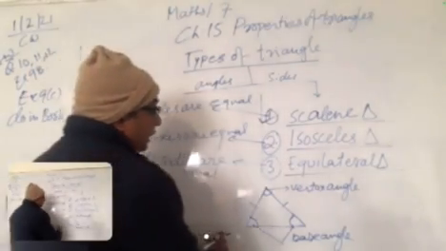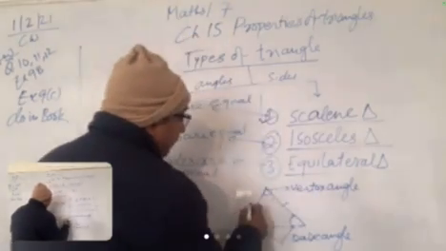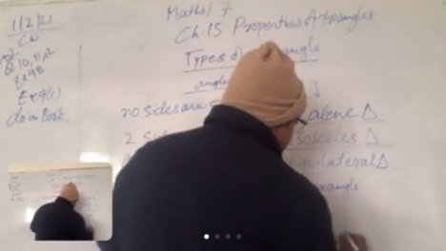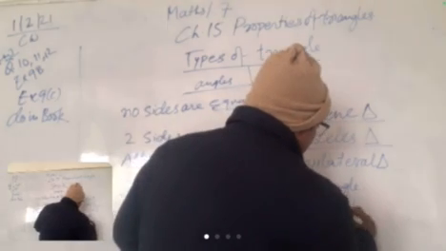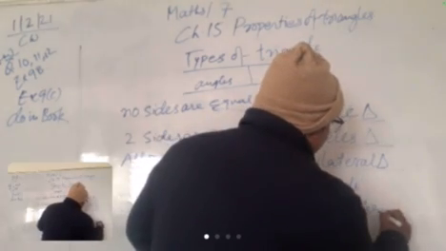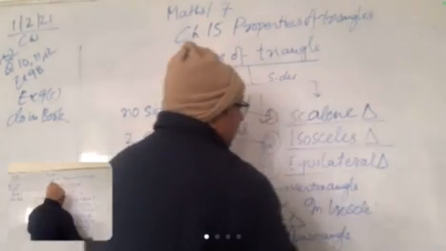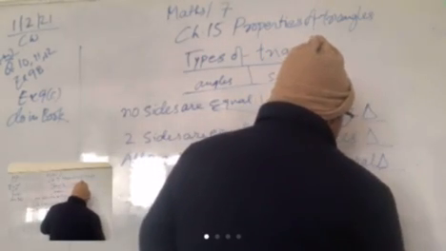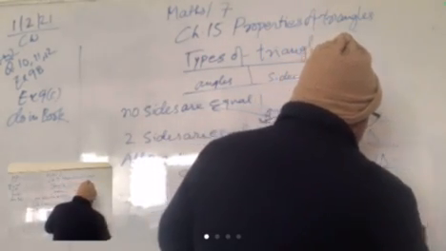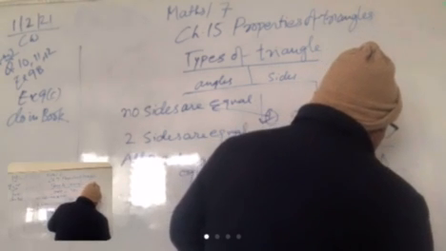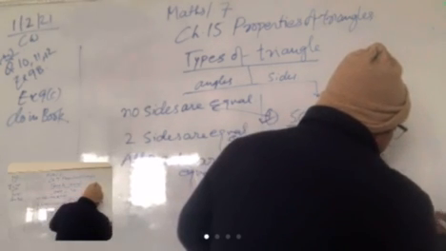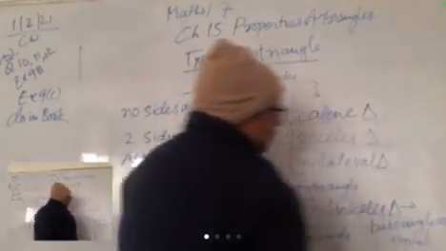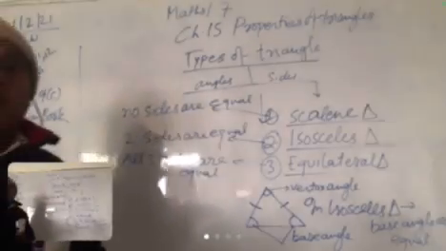And in an isosceles triangle, the base angles are equal.